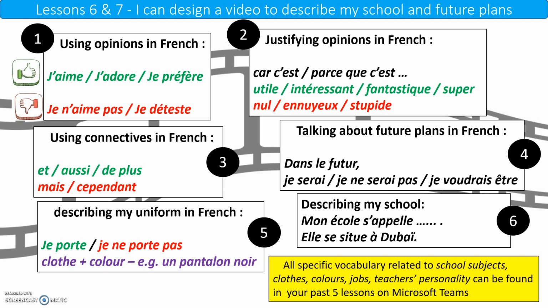Remember that it is different from English. To say black trousers, you would say trousers black. Remember, the color comes after. If you want to say a gray shirt, you will say a shirt gray, une chemise grise. Okay, remember when you do the bit about describing your uniform, remember the order.